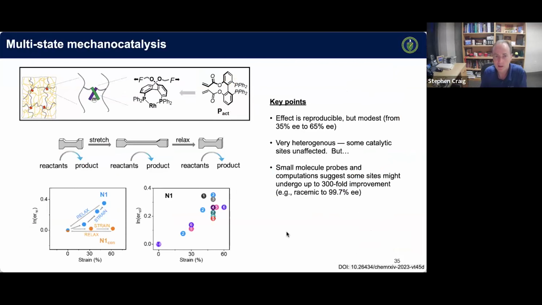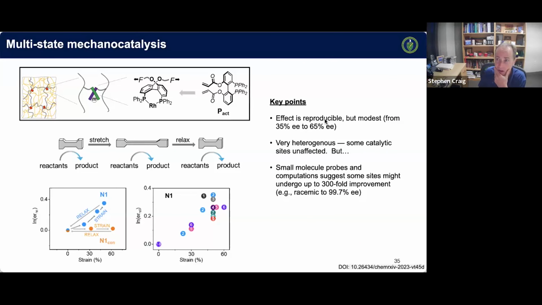Okay, so we're really excited about this concept of multi-state mechanocatalysis, not just for selectivity, but for reactivity and rates. We're looking at device architectures that will allow us to apply even larger forces to materials without tearing them, and maybe to do so on rapid time scales.